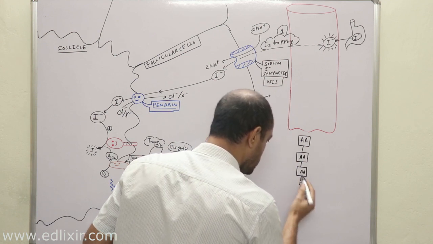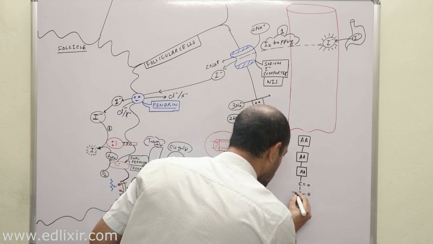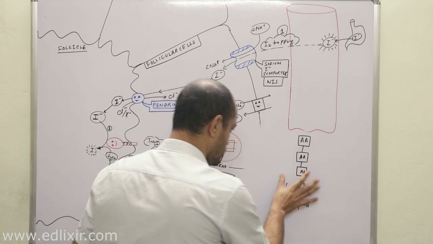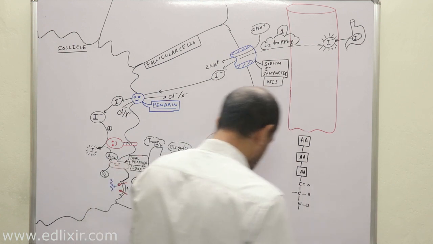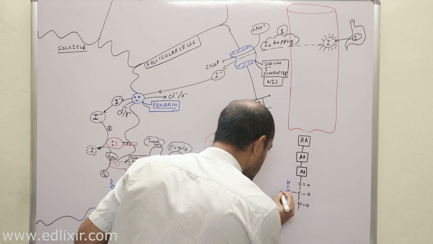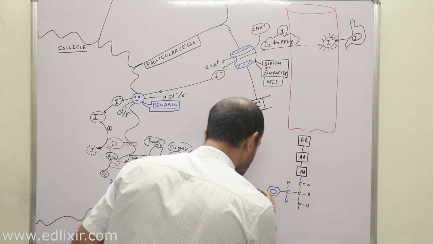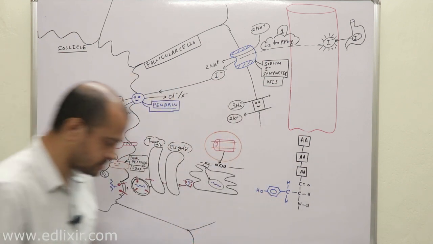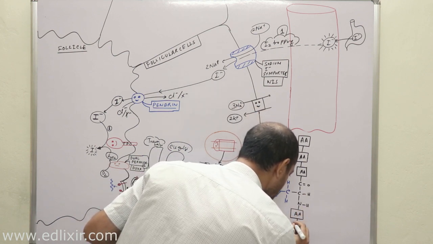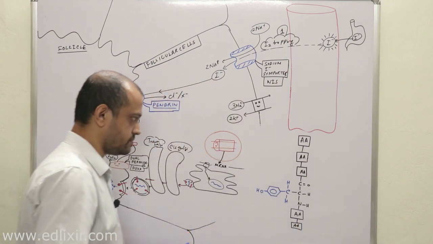These are the peptide bonds, and here we have got this tyrosine molecule.